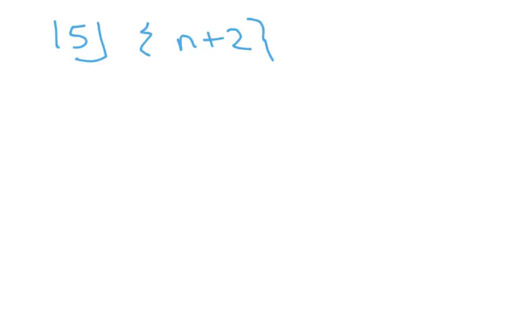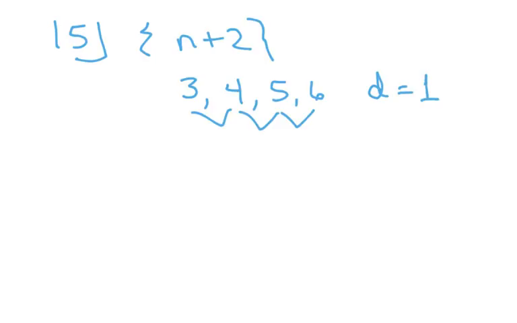But all you're going to do on 15 is just say that we're going to do the current term. So we have n plus 1. If we just write out some terms, we're going to get 3, 4, 5, 6. Clearly, it's a common difference, which equals 1.